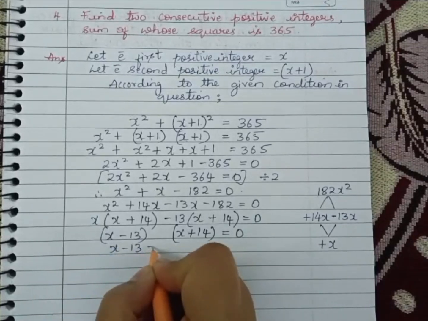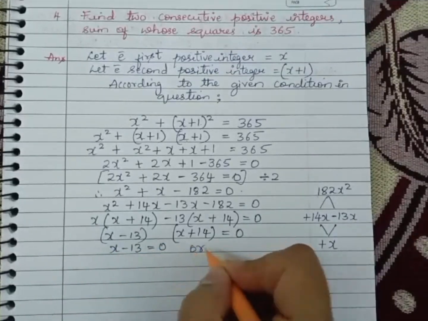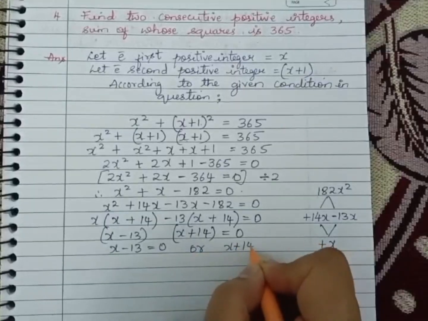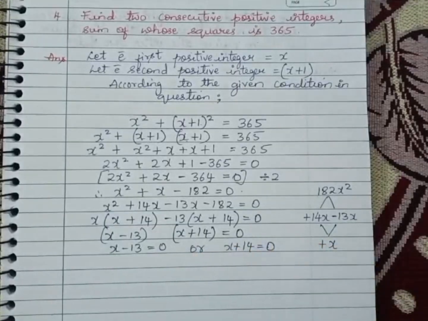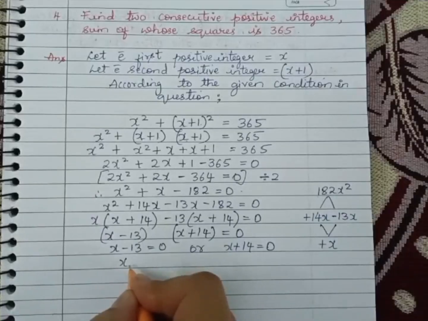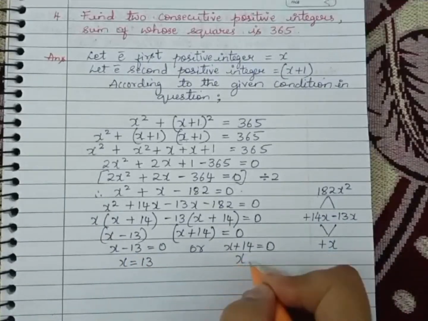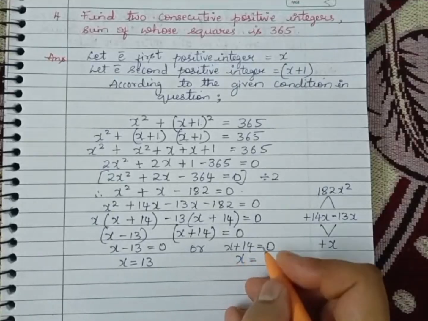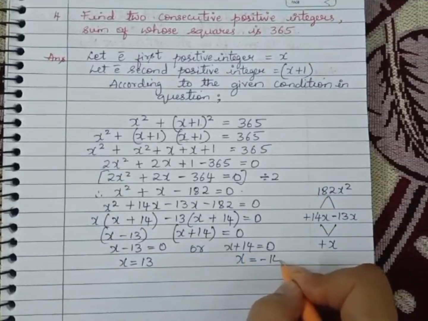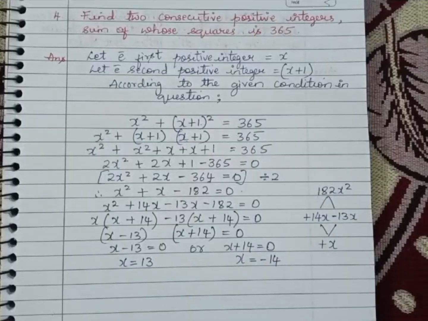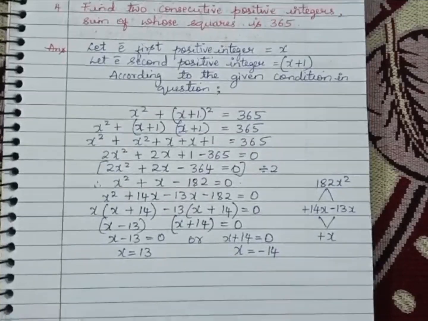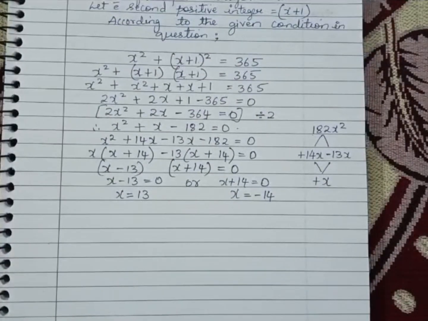x minus 13 is equal to 0, or x plus 14 is equal to 0. Here x is equal to minus 13 becomes plus 13, x is equal to plus 14 becomes minus 14.